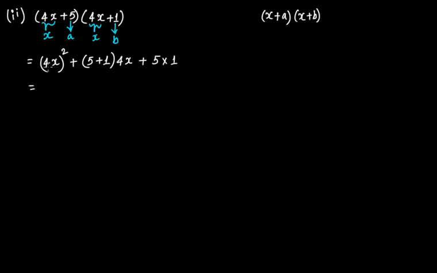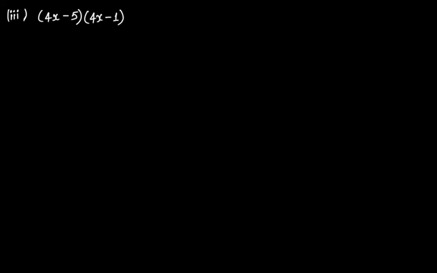So this is 4 times 4 is 16x squared plus 6, 5 plus 1 is what? 6. 6 times 4 is 24. So 24x then plus 5. This is the answer.